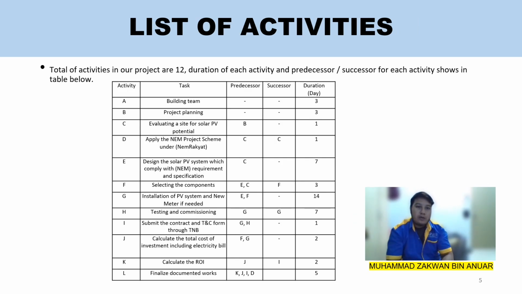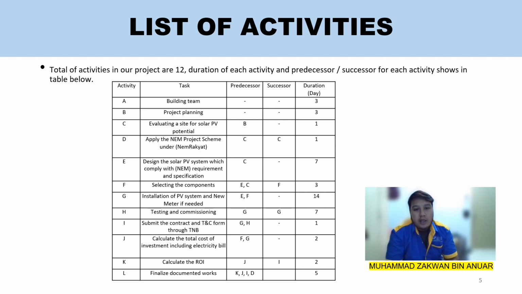Okay, now we move to the list of activities. The total number of activities in our project is 12, which are activity A, B, C, D, E, F, G, H, I, J, K, and L. The activity with the highest duration was activity G, which is installation of PV system and new meter if needed.